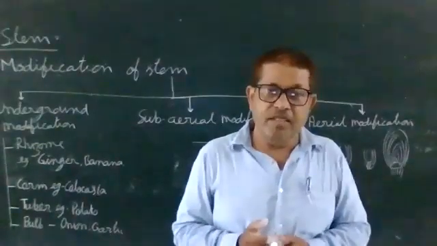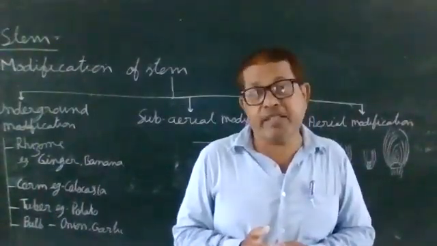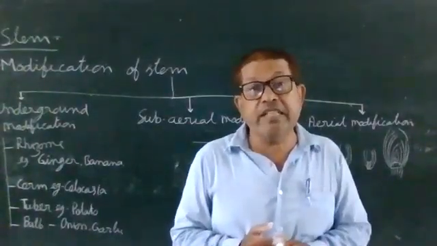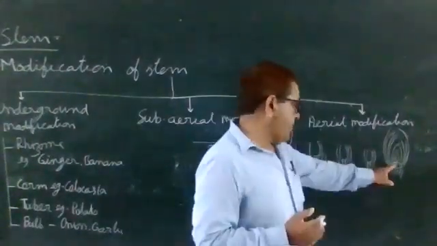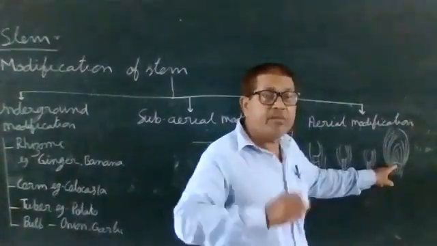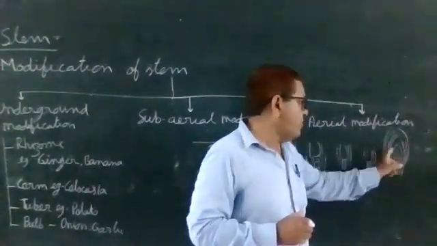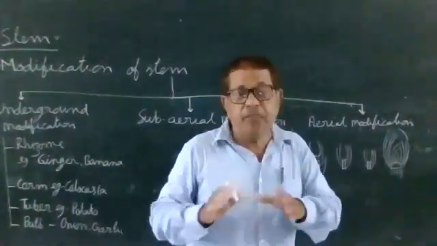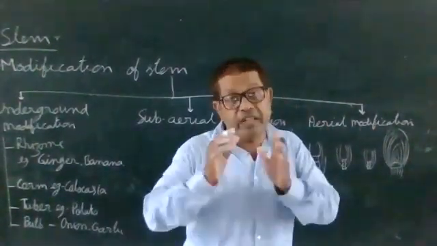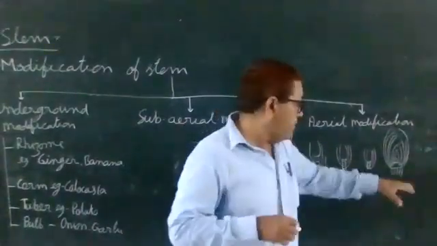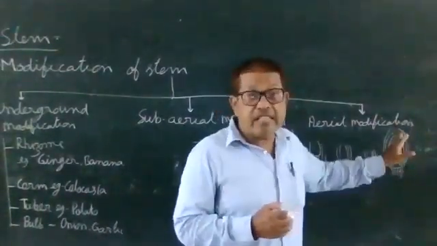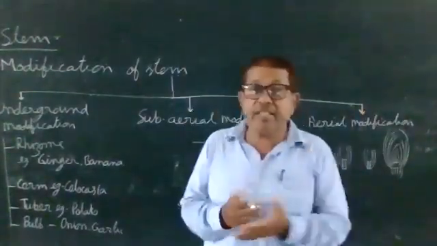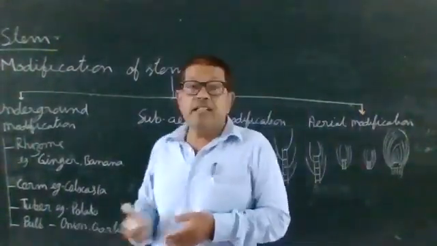Fleshy scaly leaves. What you eat in the onion is the fleshy scaly leaf. This is the stem. Stem is removed. But these are the scaly leaves, and food material is stored in them, and they become fleshy. So edible part of onion is fleshy scaly leaf. So such modification of the stem is called the bulb.